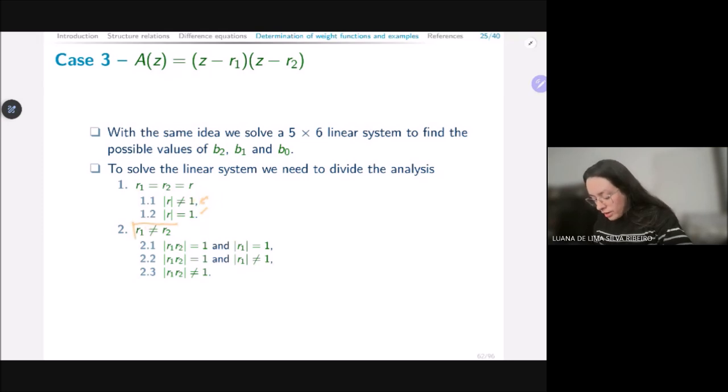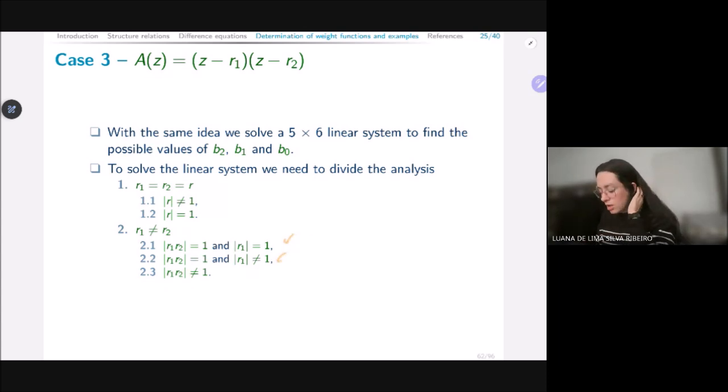And when A(z) has two different zeros, we need to define when both zeros, R1 and R2, have absolute value equal to 1, and when the product of these two has absolute value equal to 1 but R1 has absolute value different from 1, and when the product of these two zeros has absolute value different from 1.